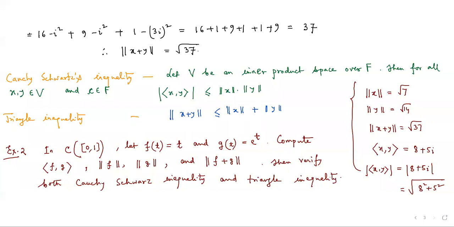My time is almost running out for the first session of today's class. In the next session, you just copy the problem. In the next session, we are going to check how to calculate the inner products and norms for these functions with respect to the vector space C[0,1].